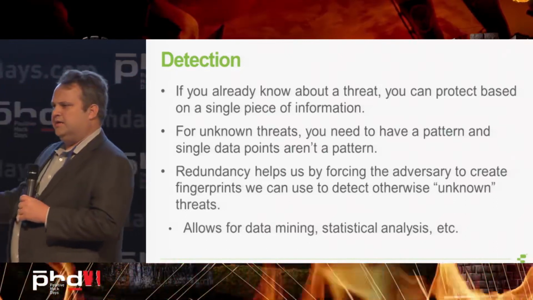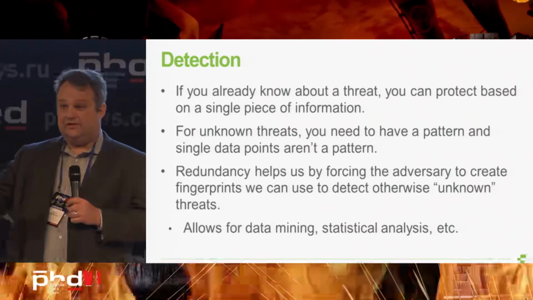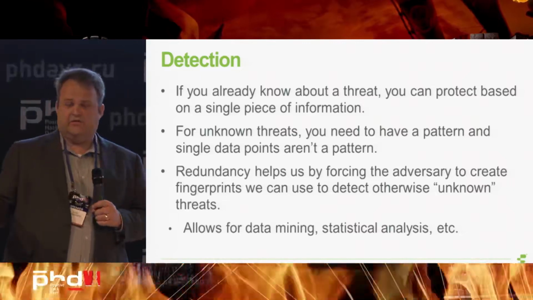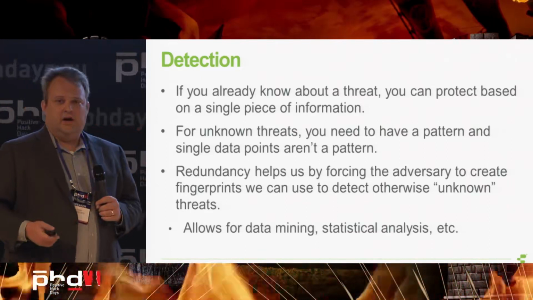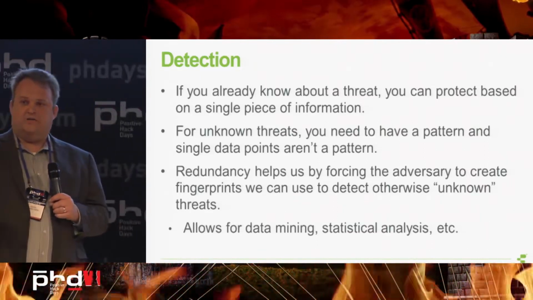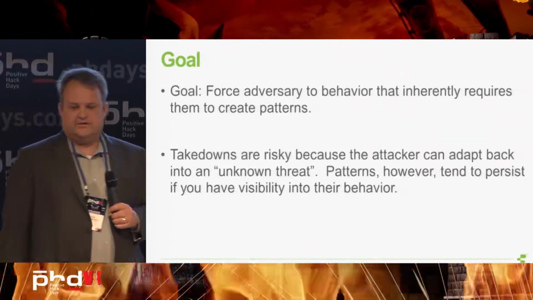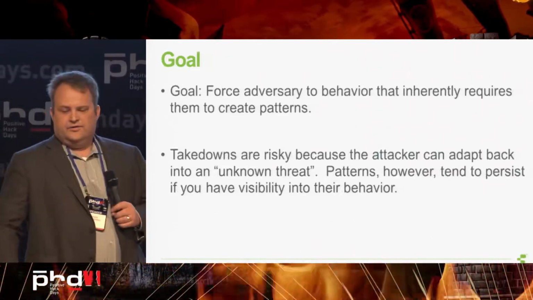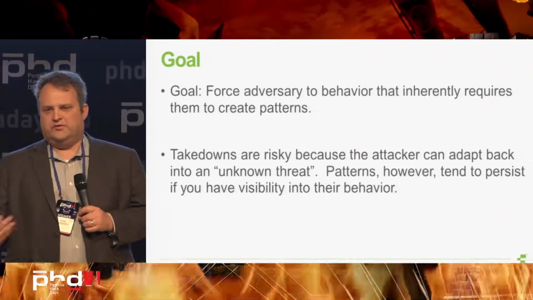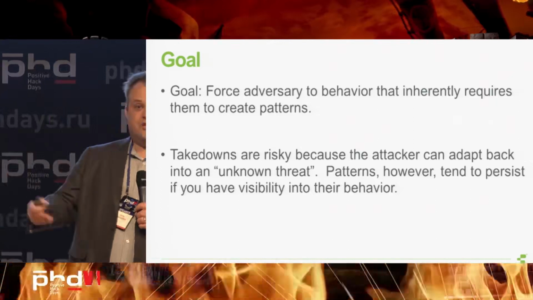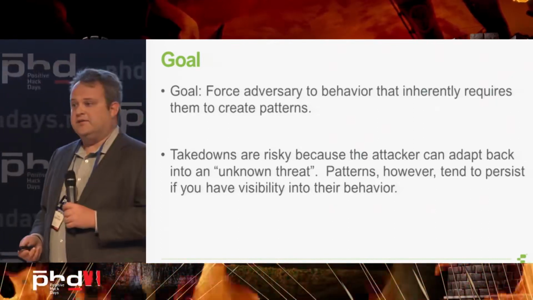So the idea behind this is trying to either, one, force an adversary to adopt some redundancy stuff so you have things to look for, or simply use the fact that they're doing redundancy to find the patterns of behavior so you can do data mining and statistical analysis. The reason for doing that is, as I focus on criminal threats, I tend to like doing prosecutions if I can get law enforcement to be helpful on things.